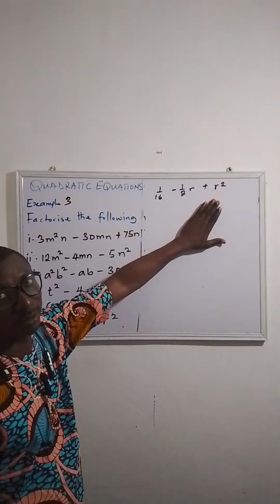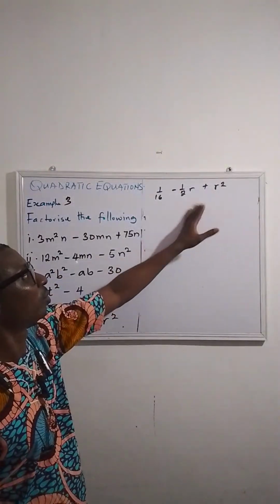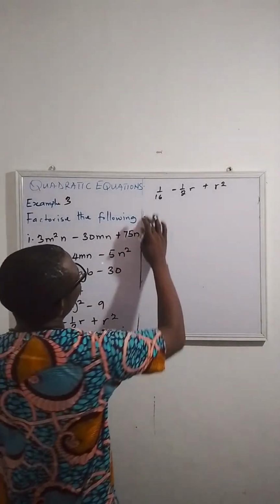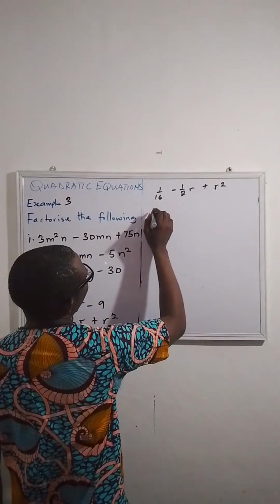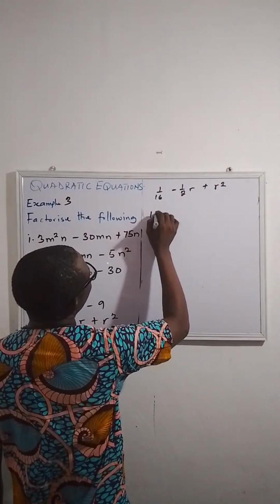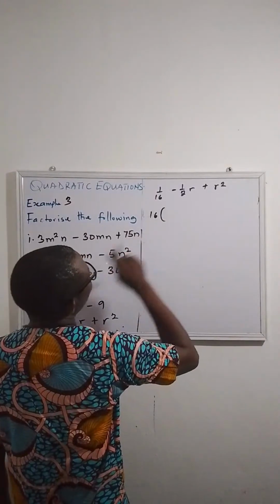If I don't want fractions, I have to find a way of bringing something out. There are several ways we can do that. If I decide to factor out 16, we have 16 here.